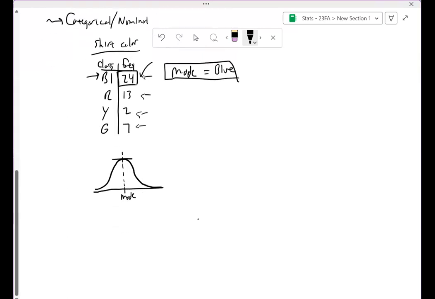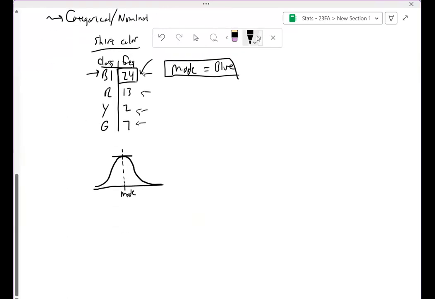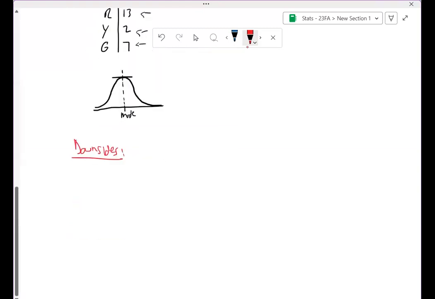The mode does have some downsides, though. I could compute a mode for data that is numerical, that has maybe a natural ordering.